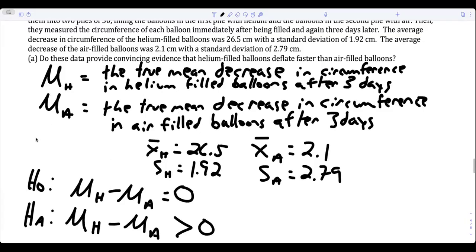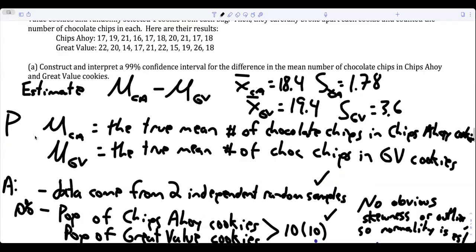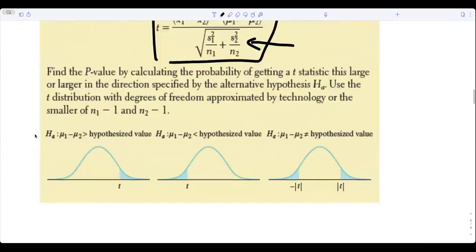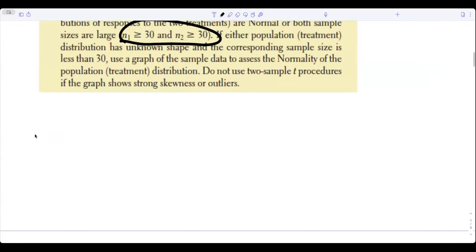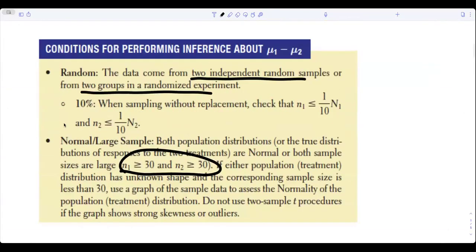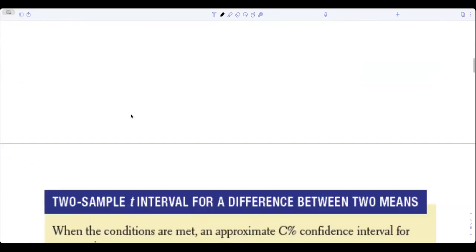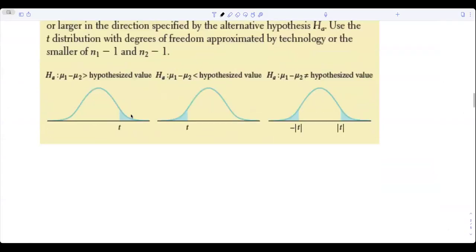Let me go back, scroll back. Right there. It says the data come from 2 independent random samples or 2 groups in a randomized experiment. And so that's what this is.